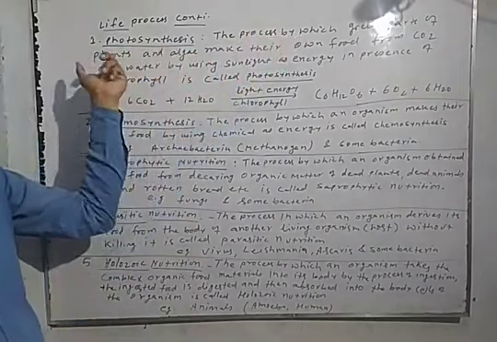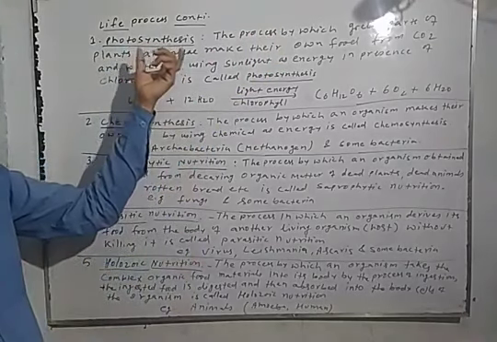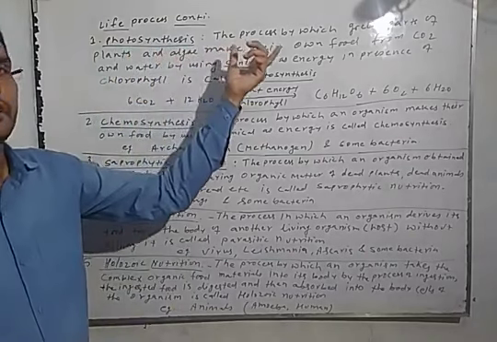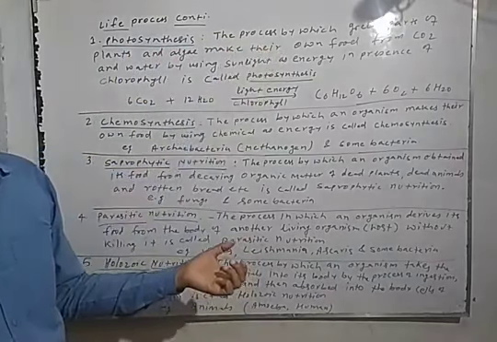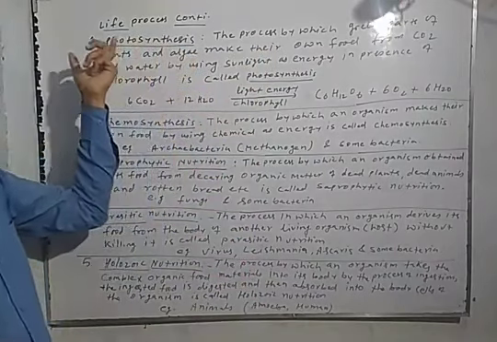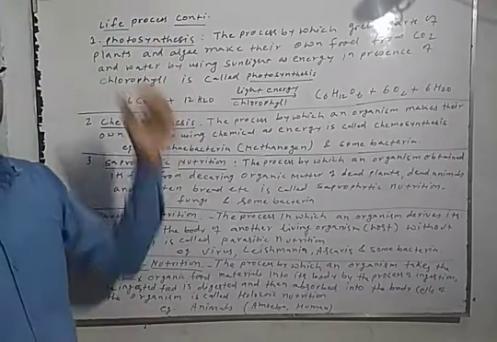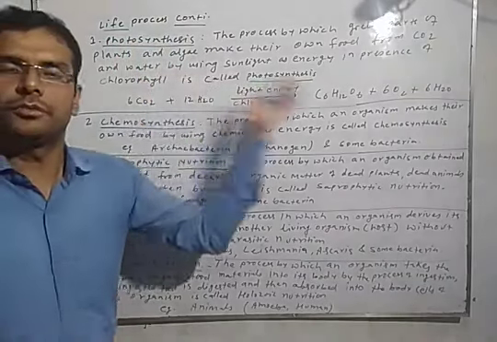In plants and algae, they synthesize their own food from inorganic substances with the help of light. So this process is called the photosynthesis process.